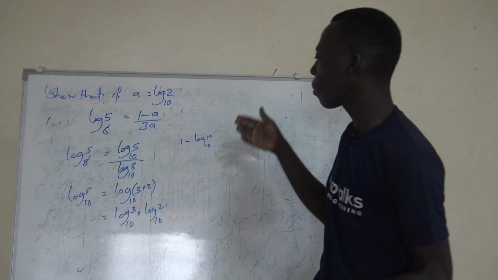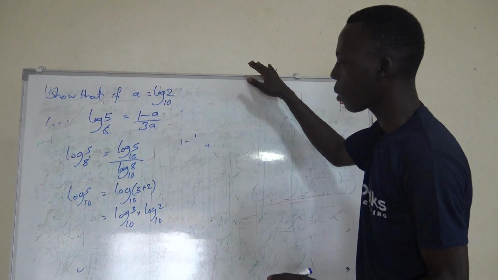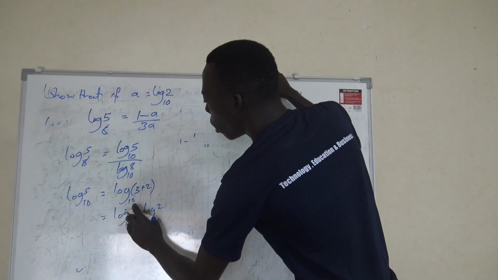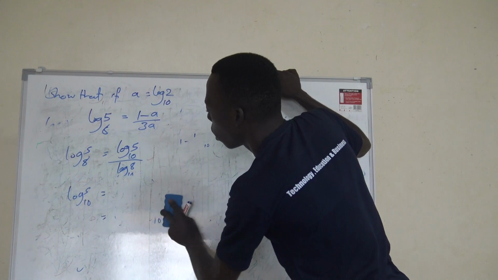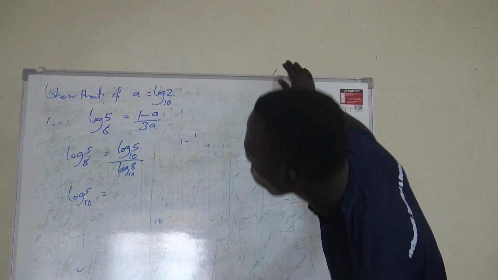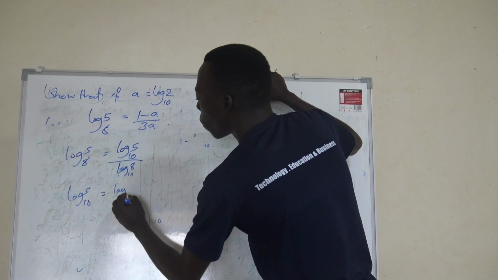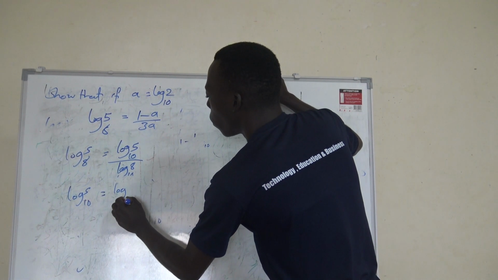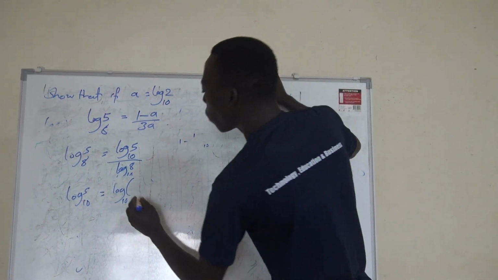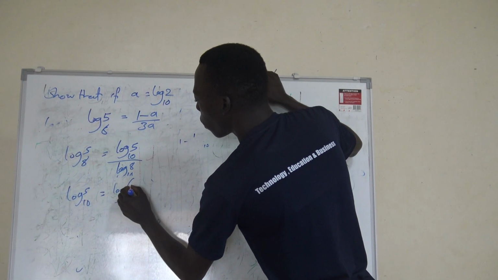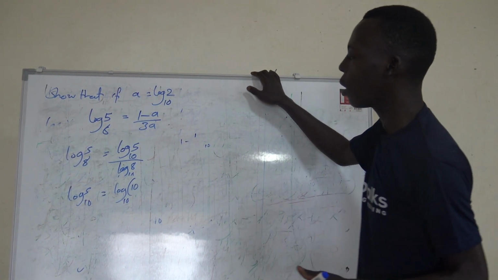So before reaching this step, expressing the 5, this would be the same as log of 10 base 10.